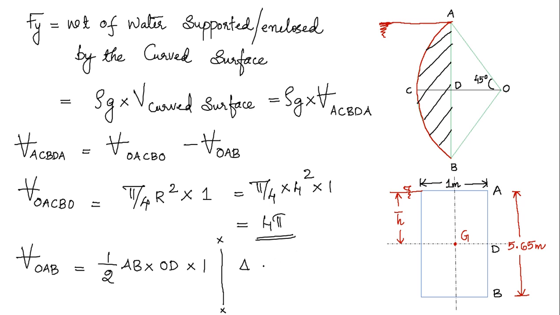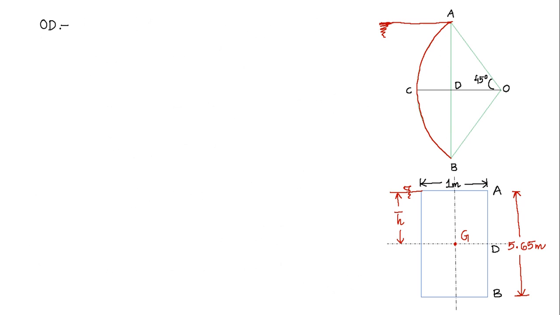In triangle AOD, OD is equal to square root of OA square minus AD square. So OD will be square root of OA, the radius of the sector, which is 4 square minus 2.828 square.